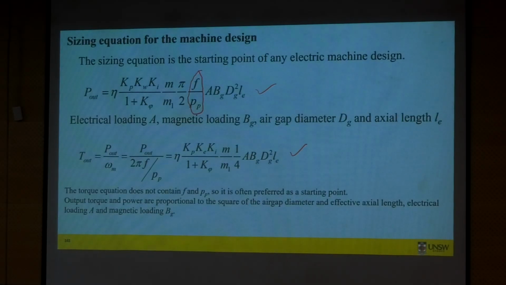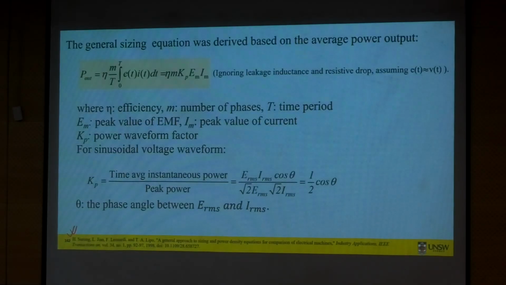So how do you get this equation, and what do all these parameters mean? It in fact starts with a very basic equation, the average power equation, if you remember. For an AC system, average power is calculated as instantaneous voltage times instantaneous current over one time period.